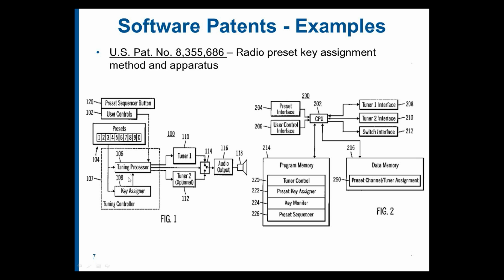There's software underlying the functionality of these processors. So those are two basic examples of software patents and mechanisms that show an underlying software functionality.